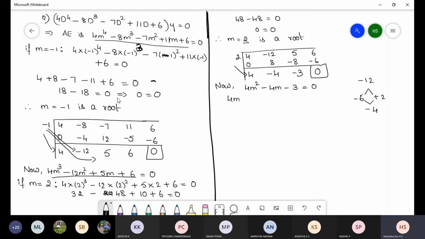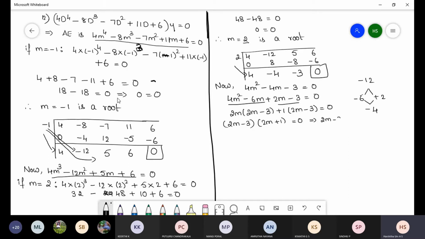So 4m square minus 6m plus 2m minus 3 is equal to 0. In these two I will take 2m as common: 2m minus 3. In these two I will take 1 as common: 2m minus 3. So (2m minus 3) into (2m plus 1) is equal to 0.